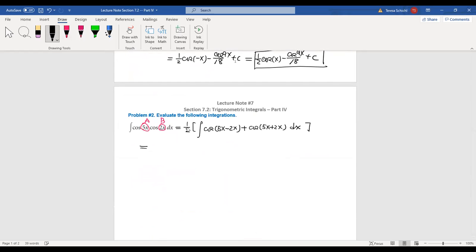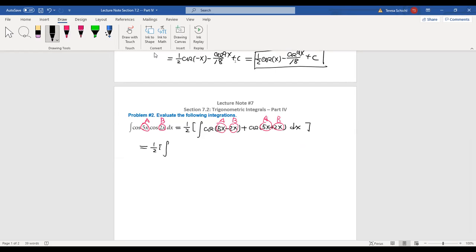Now this will be 1/2 here. So here this is your A, so it's A minus B and A plus B.